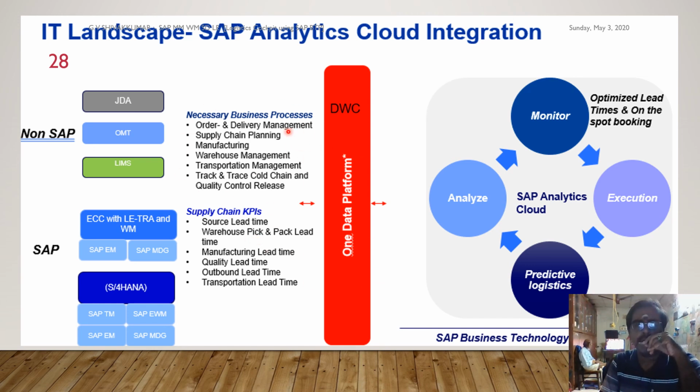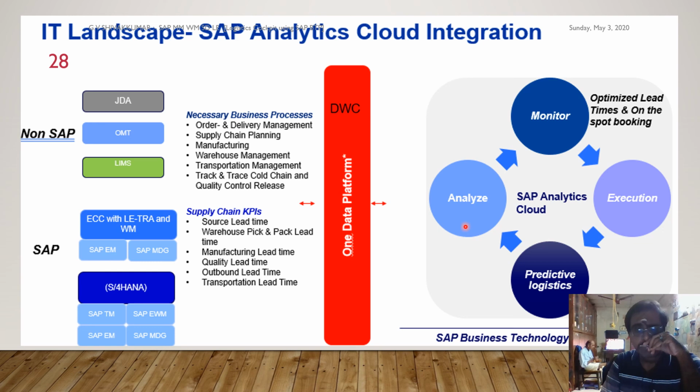All this process can be connected through the one data form, either it is a DWC if it is a new implementation, or if you're already having S4 HANA in place with the S4 HANA ERP, then you can use one data, I mean BW/4HANA, which can be integrated with the SAC. SAC has four different functions.